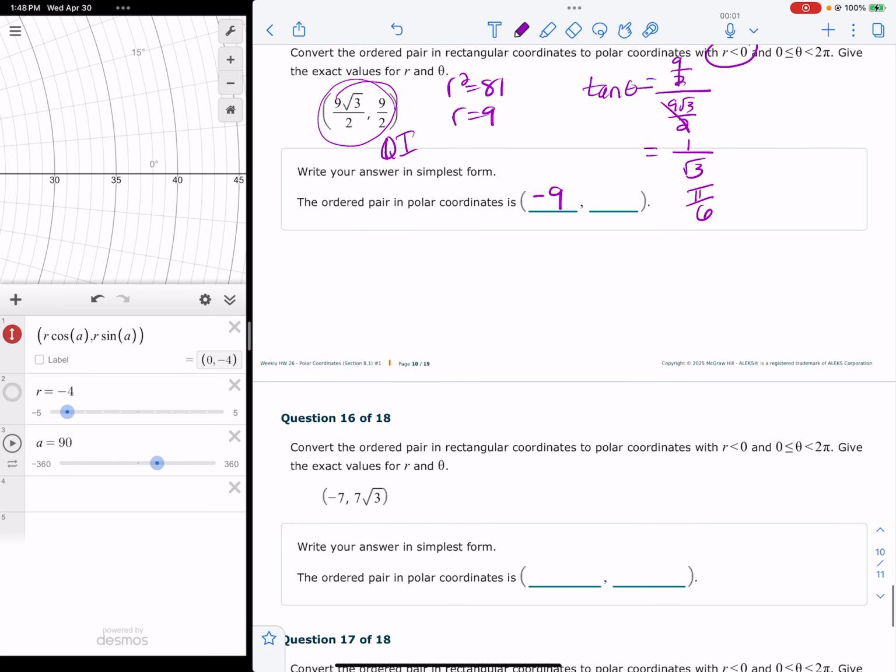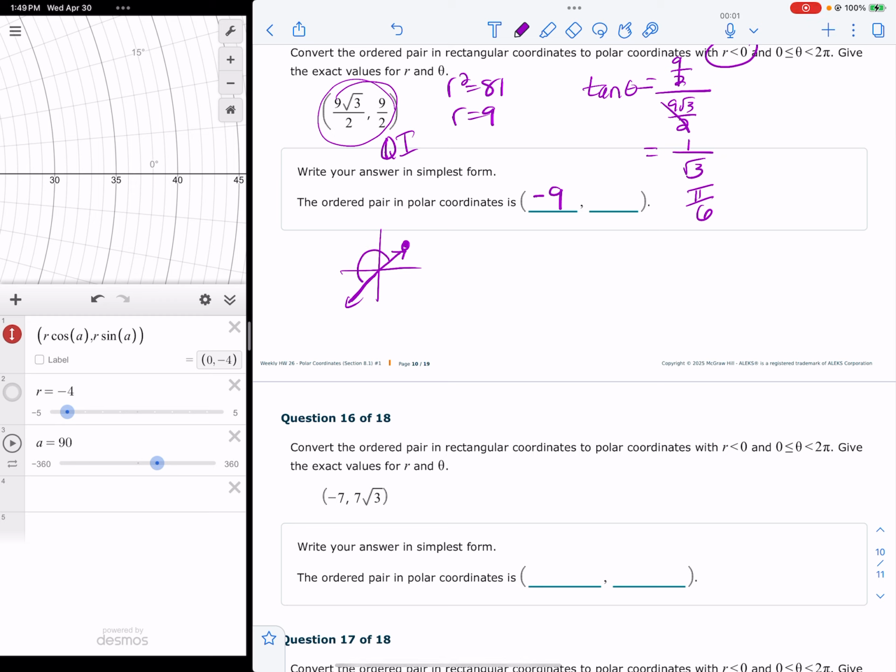Okay. However, when your 9, or your leading number, your r, is negative, you're in the opposite quadrant, 180 from where you want to be. So our point is here somewhere, but because we're graphing it with a negative, we need to have this angle so that when we go the negative direction, we end up here.